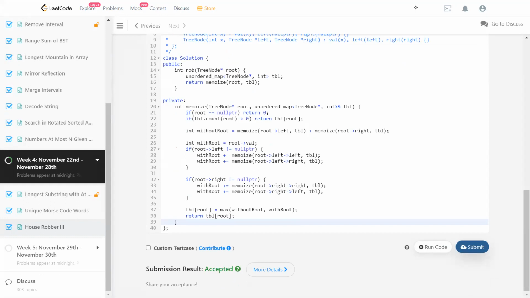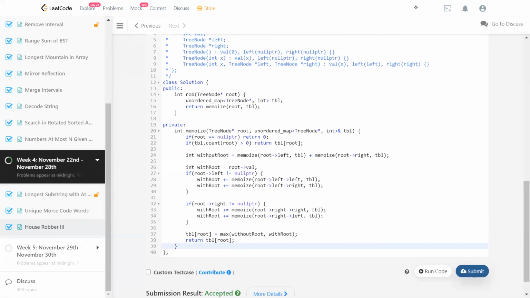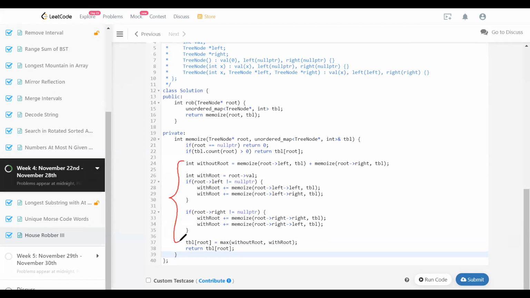If you're wondering what the time complexity of this is, look at this. We call this memoize function once for every node, which is going to execute this part exactly big O of n number of times, n being the number of nodes. And this part could be a little more.